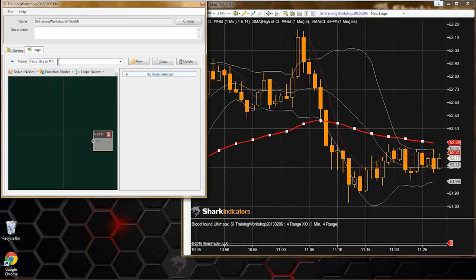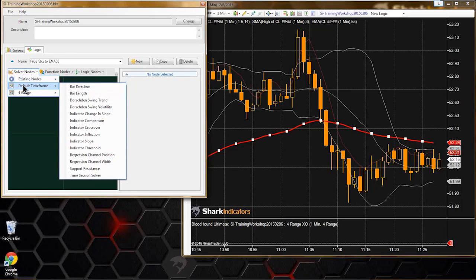Actually, I guess I might as well say the EMA 55. So to grab a new solver here, I'm going to do this on the 1 minute chart. Right, so to grab a new solver on the 1 minute chart, I need to use our default time frame, as opposed to the 4 range chart. I want to work on the 1 minute chart here.